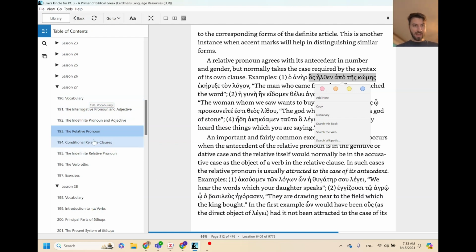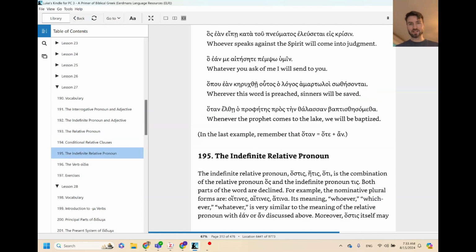So now we can kind of stick these together. I'm going to skip down to 195, which talks about indefinite relative pronouns. It is just the relative pronoun, hos, he, ho, with the indefinite pronoun, tis, tis, ti. And if you just slap them together, you translate it as whoever or whatever.